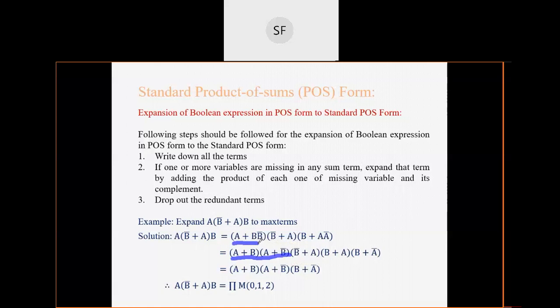So first term will be expanded like this, a plus b and a plus b bar. Similarly for second term there is no problem, this term will be as it is because both variables are present. Now this term, just let me change the color of annotation.